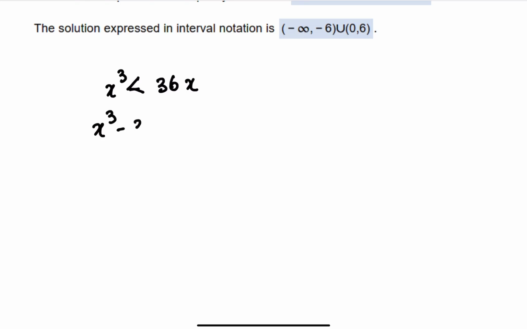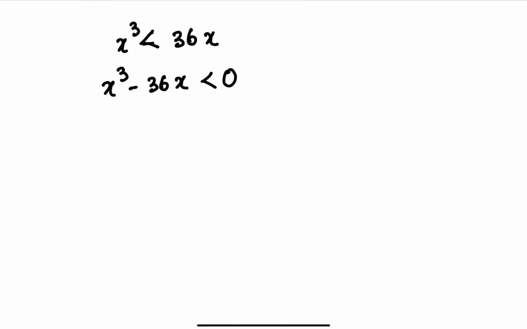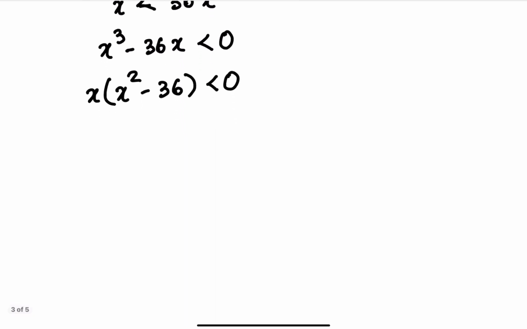So x cubed minus 36x less than 0. Brush up your inequalities, please. And now I'm going to factor the x. When I factor the x, what do I have? x squared minus 36 less than 0. So I can factor this further to x times x plus 6 times x minus 6 less than 0.